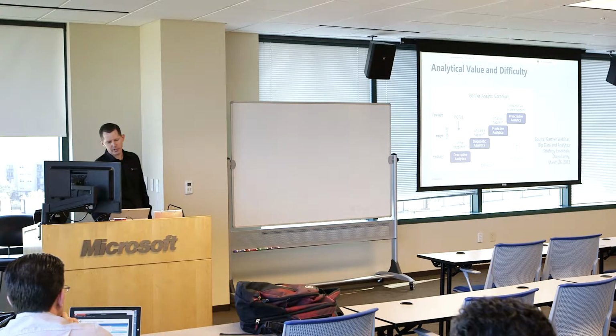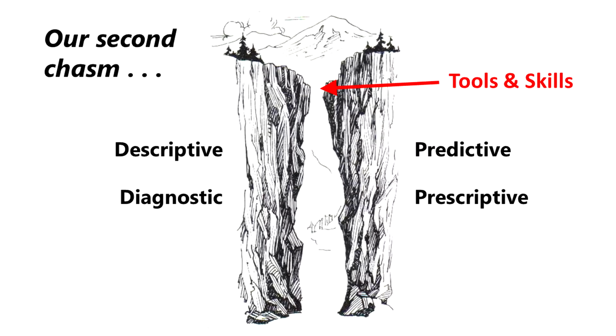And that brings us to our second chasm, because to use the same graphic but put different things on each side of the chasm, we have descriptive and diagnostic, which are actually kind of easy because they're knowns. It's just taking stuff that we already have and making sure that people can get their answers from it.